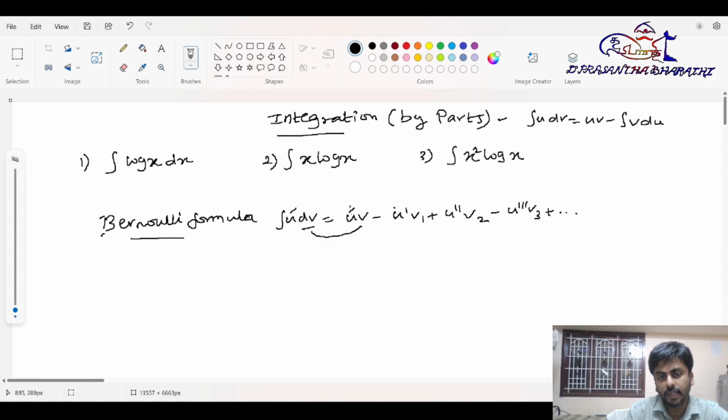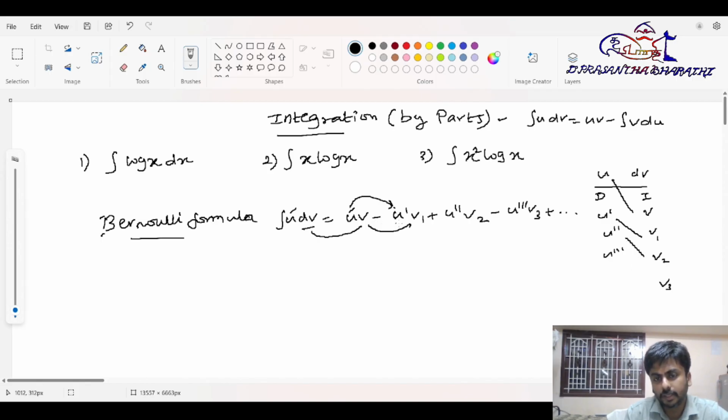Then you differentiate u to find u dash, and integrate v to find v1. You differentiate the u terms and integrate the dv terms, and it goes on like that: u dash, v1, u double dash, v2, u triple dash, v3, with the signs alternating.